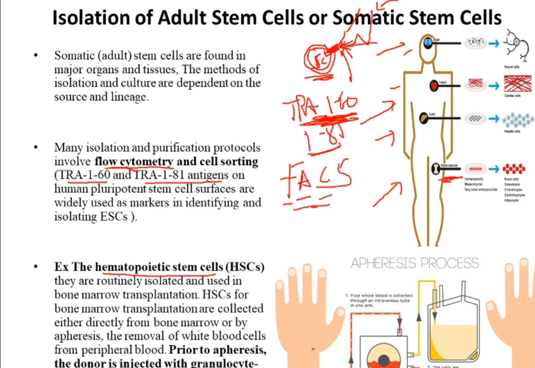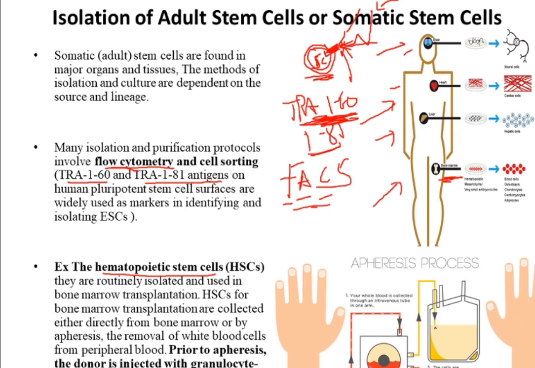In apheresis, the blood is drawn from one arm, and then that blood is sent to the inlet of this machine. What this machine is doing is separating the cellular component of blood. This is the cellular component.